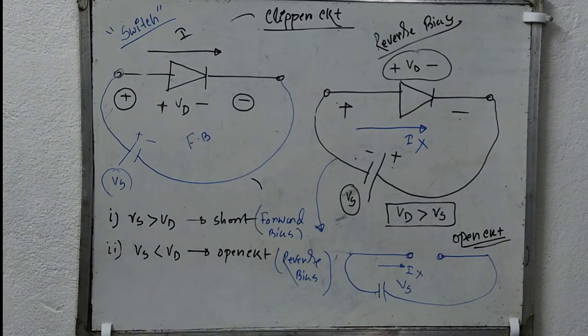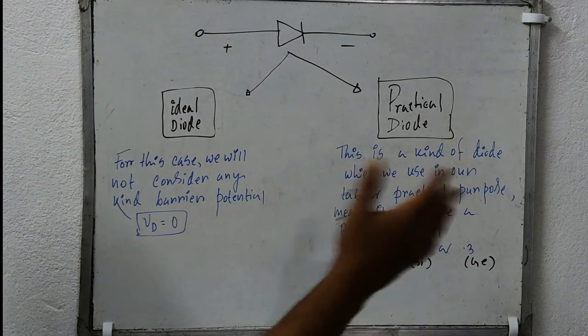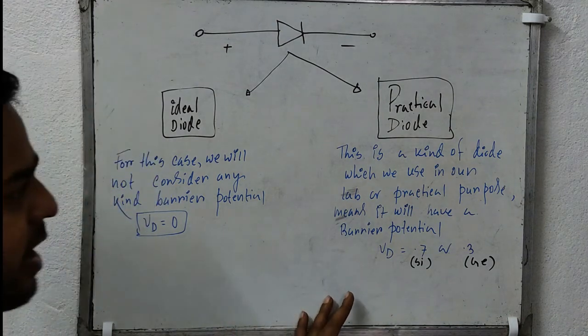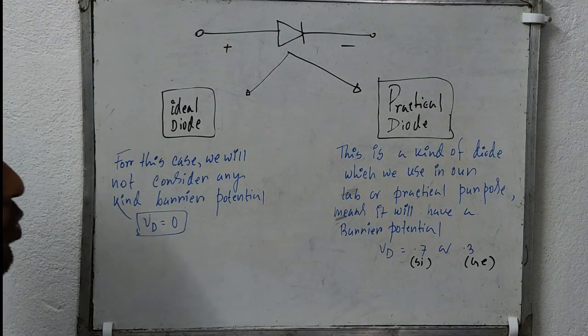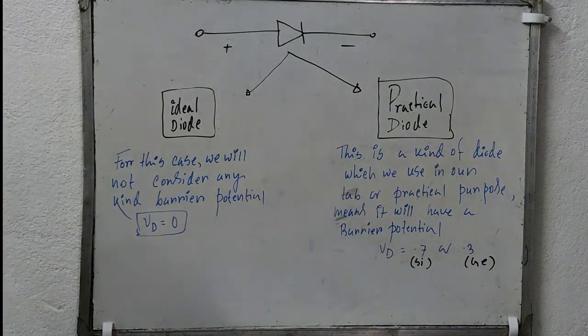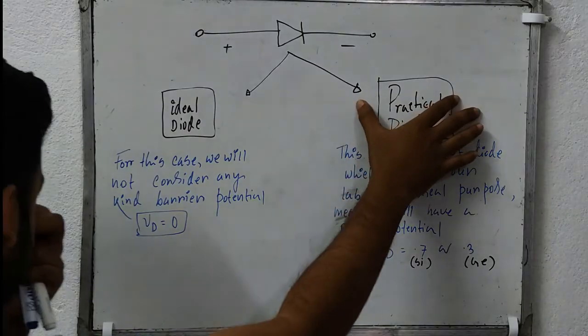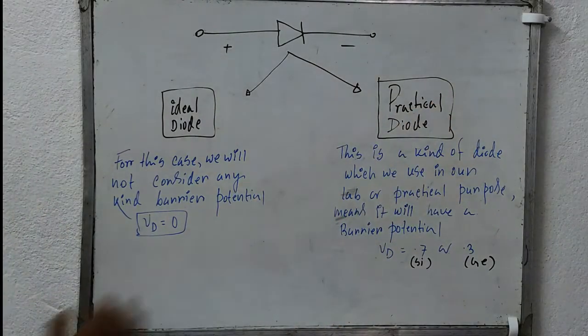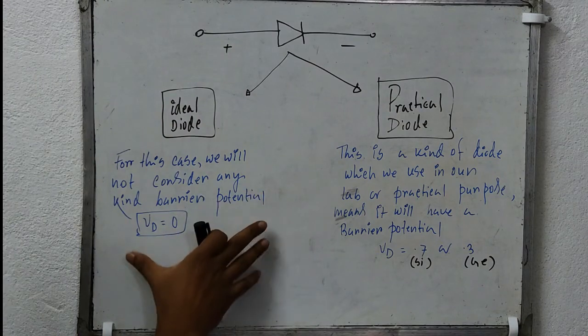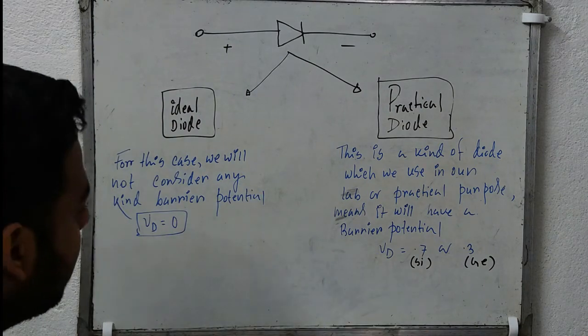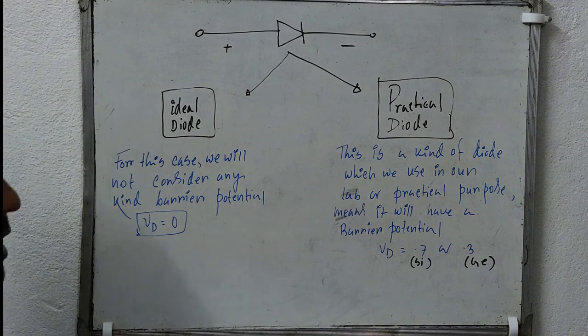As you can see, I have classified the diode in a simple way into two different types: one is the ideal diode, one is the practical diode. For the ideal diode we will not consider any kind of barrier potential.